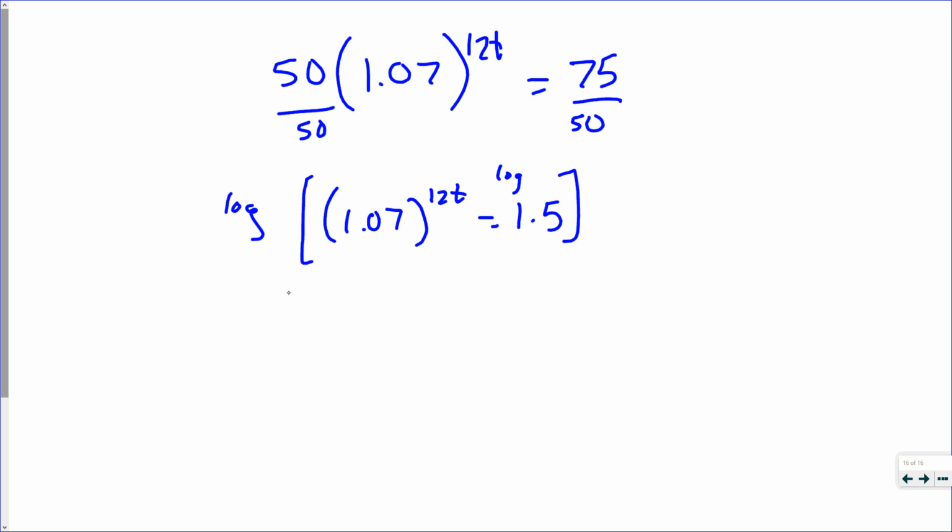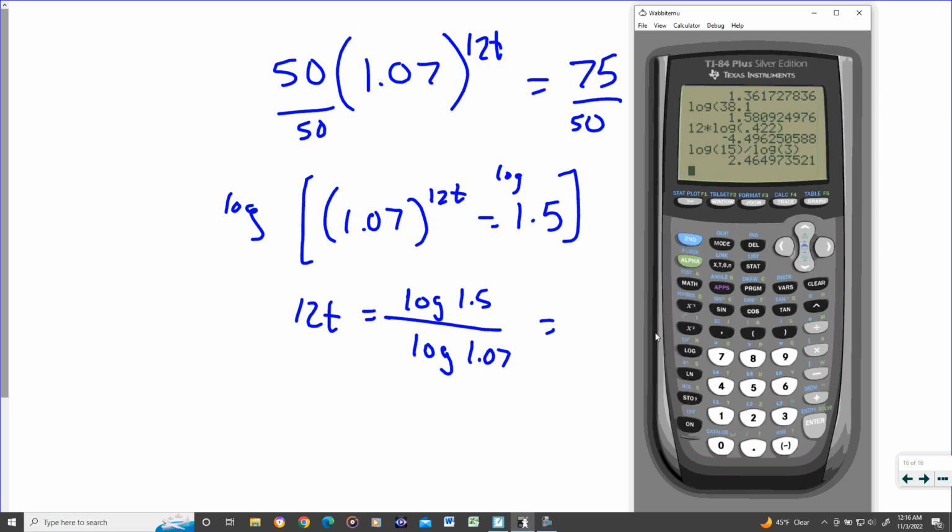And so I'm going to say 12t is equal to log of 1.5 over log of 1.07. And then that is going to be equal to log 1.5 divided by log 1.07, almost 6, 5.9928.